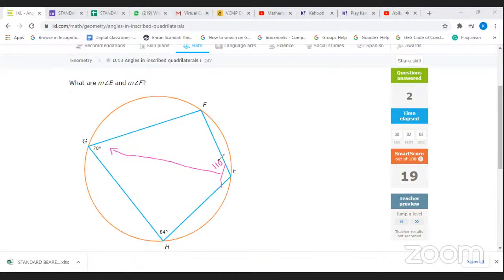That's 110. So angle E is 110. For angle F, what will you add to 84 to make it 180? It is opposite to 84. So what we add to it would be 96. So angle E is 110, angle F is what? 96.